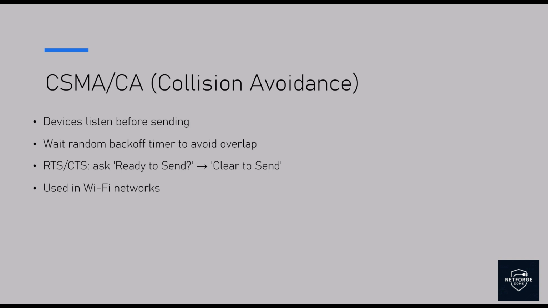What you're going to do is to just talk to the control tower to get clearance for taking off or even for landing sometimes, right? So what you're going to say is we are ready to send, wait for clear to send, and then send it. Who sends you the clear to send? As a matter of fact, the access point sends you the clear to send.